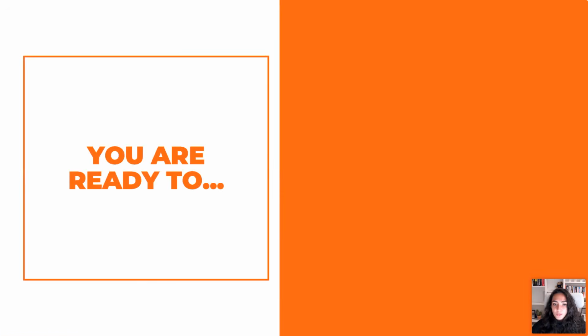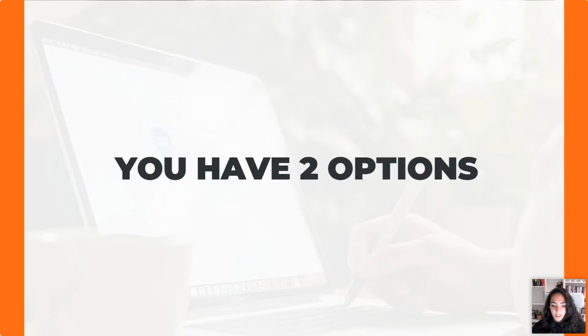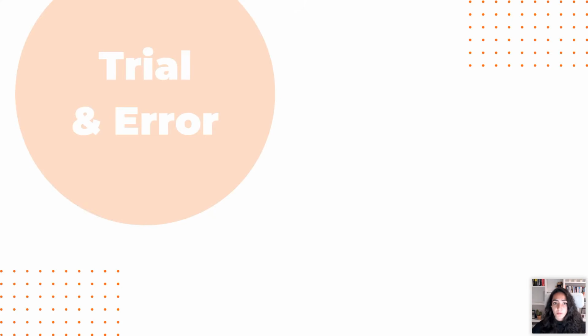Now, if those ideas and the image of being at that stage resonate with you, you are ready to step up and leverage Substack's growth opportunities to build your own audience and business. And when you want to do that, you essentially have two options, two paths that you can choose from. You can rely on trial and error. You can try to do it all by yourself.